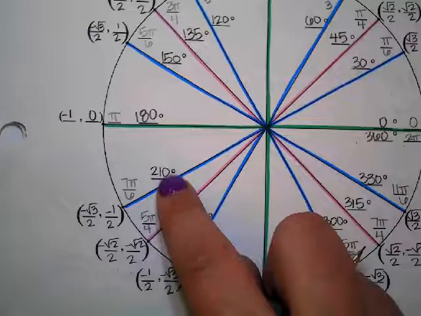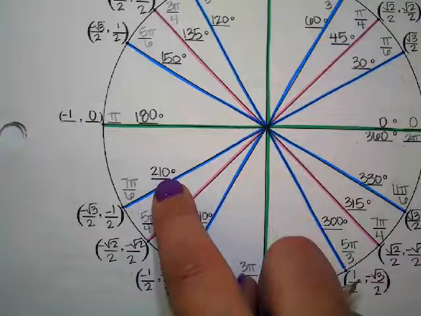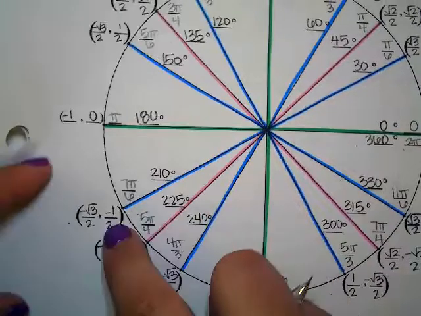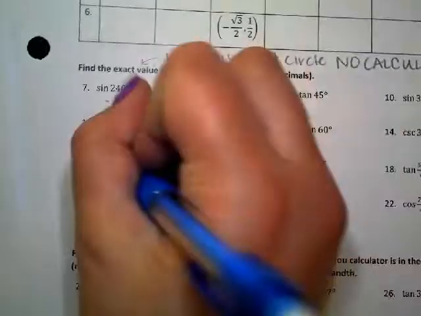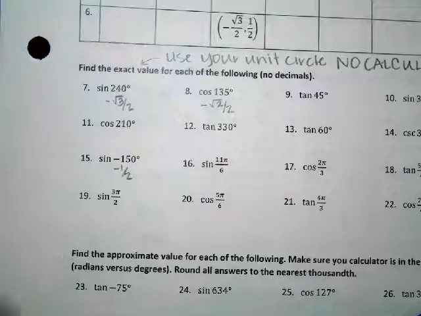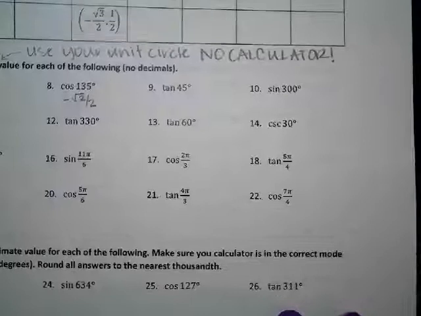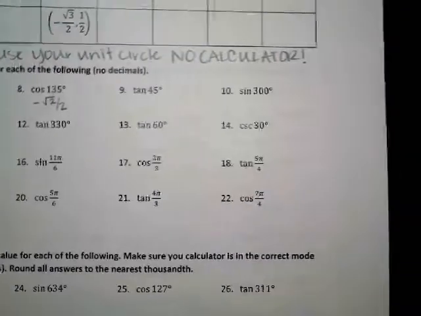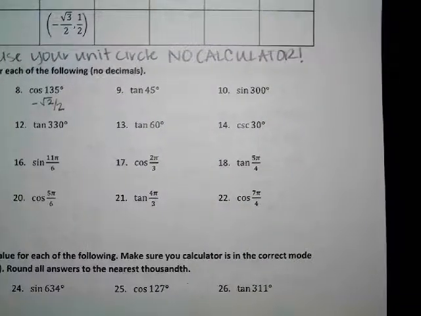Okay. Now, number 14 is real weird because they said cosecant, and we did not talk at all about cosecant. Anybody have any ideas? This would be a really good bonus question.